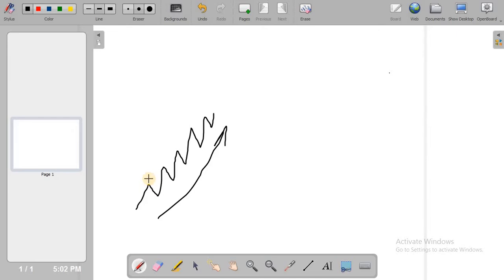But how do you really understand what characteristics you can expect from an uptrend? In an uptrend you will see what we call a higher high. That's one of the indications that you're going to see. And the higher low. Let me just illustrate it for you. This place is a higher low. This place is also a higher high.